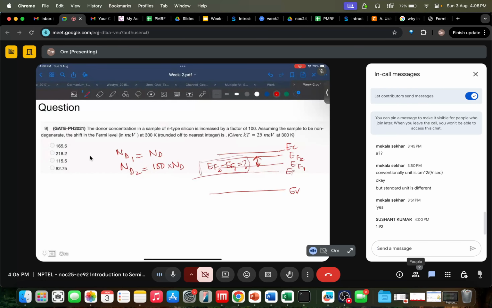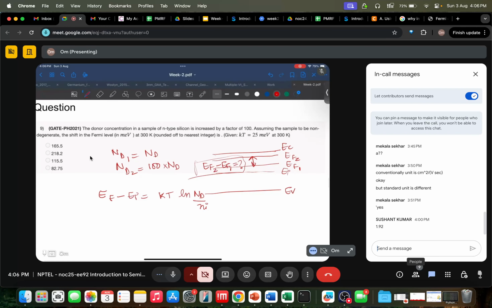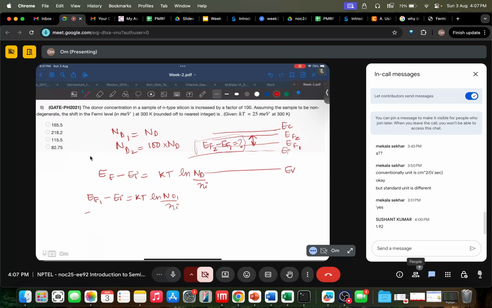So how do we solve this? We know EF1 minus Ei is KT ln ND1 by ni, and EF2 minus Ei is KT ln ND2 by ni.